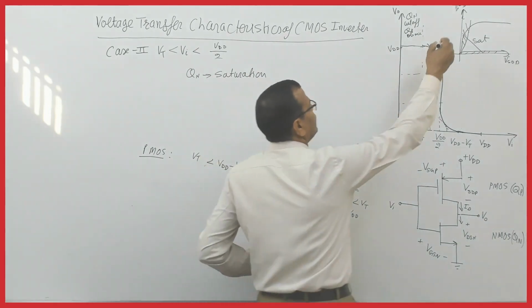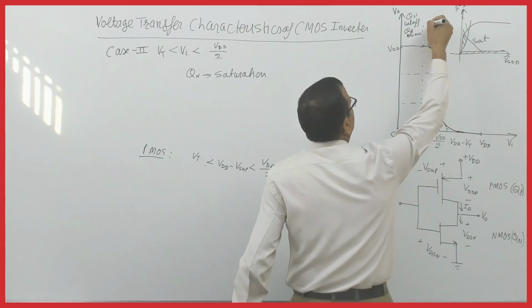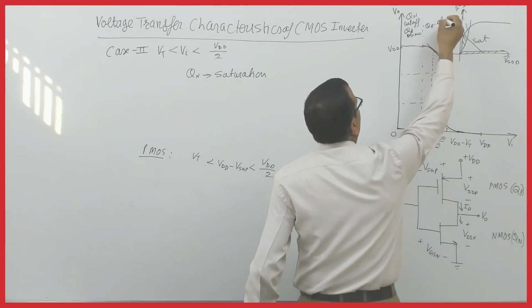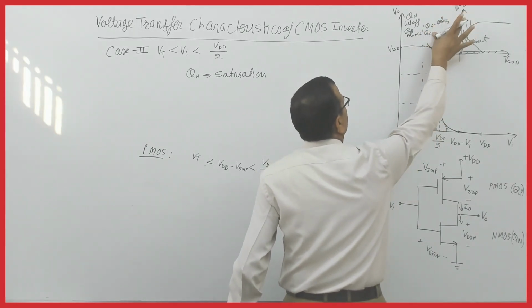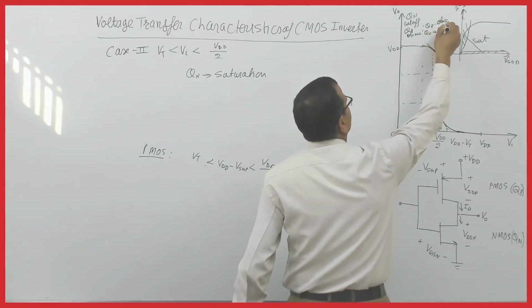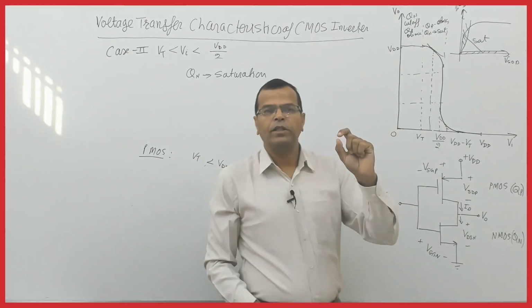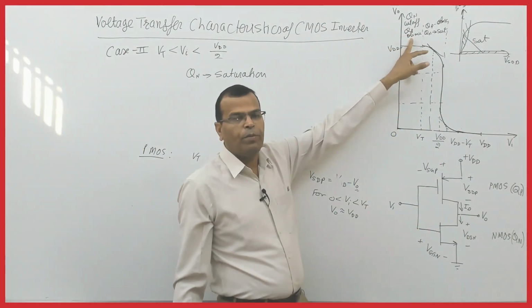So for this range of input voltage as well, QP is again in ohmic region, but your Qn enters into what? Saturation region. I repeat, initially Qn is in cutoff region, QP is in ohmic region.